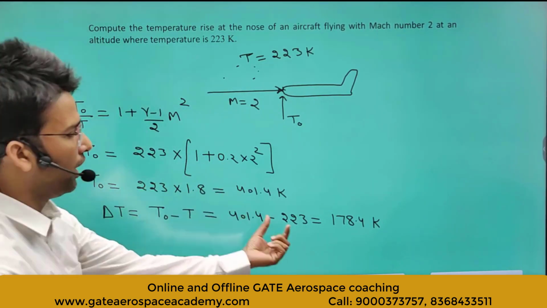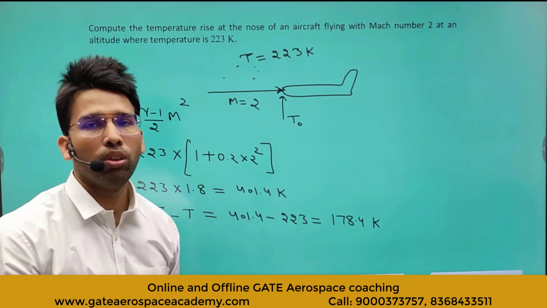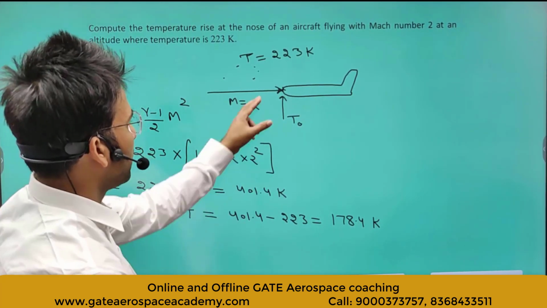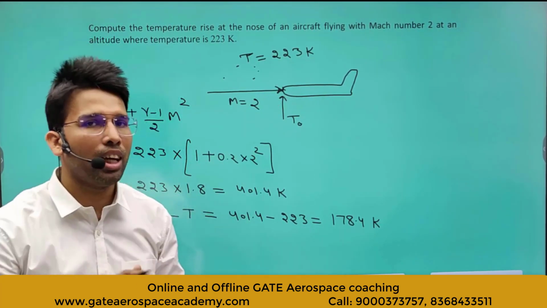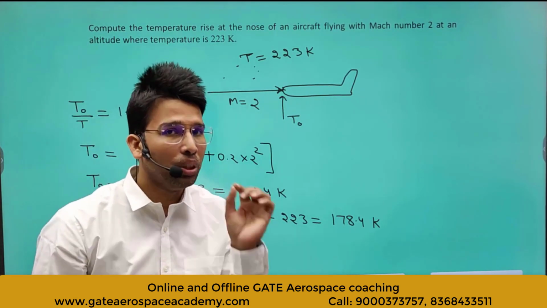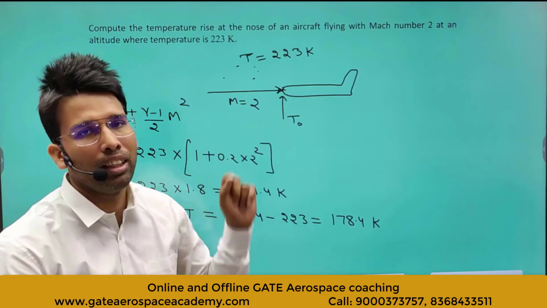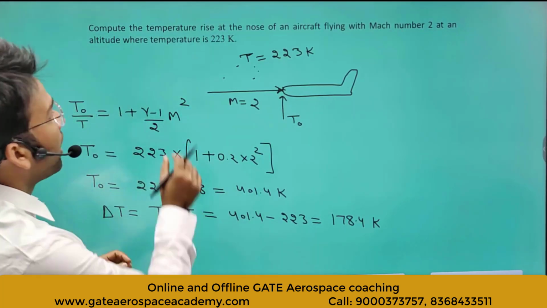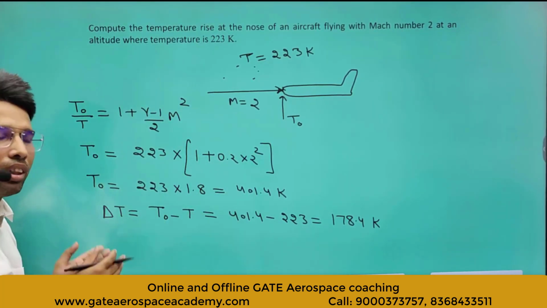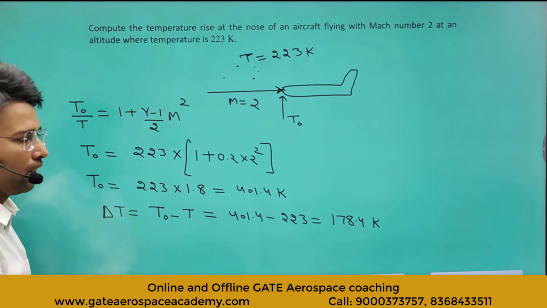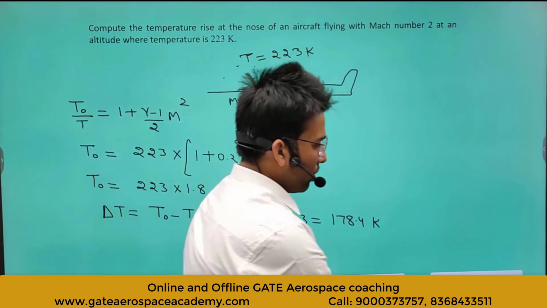Rise in temperature, delta T is 178.4 Kelvin. So this thing you have to remember: whenever they are asking properties at the nose of the aircraft, we have to find out stagnation property because air will be at stagnation state. So they were asking rise in temperature, so that's why we found delta T, T naught minus T. Next question.